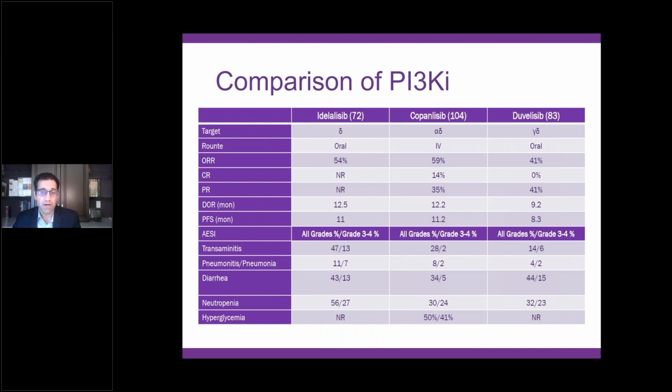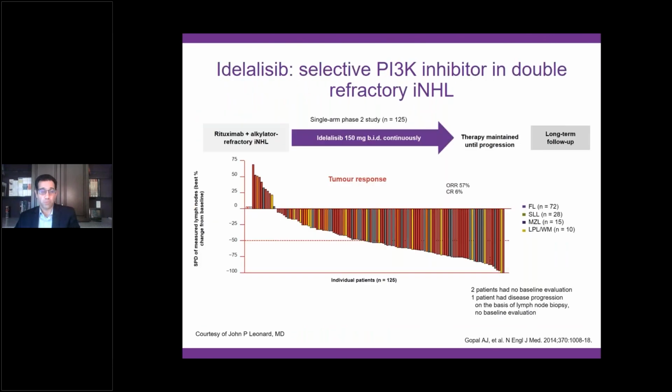And if I show you the response with idelalisib in non-Hodgkin lymphoma, follicular lymphoma, this is a very good curve, and we call it a waterfall slide, where every column expresses a patient, and patients usually responded very well, as you can see here, with responses of more than 50%.